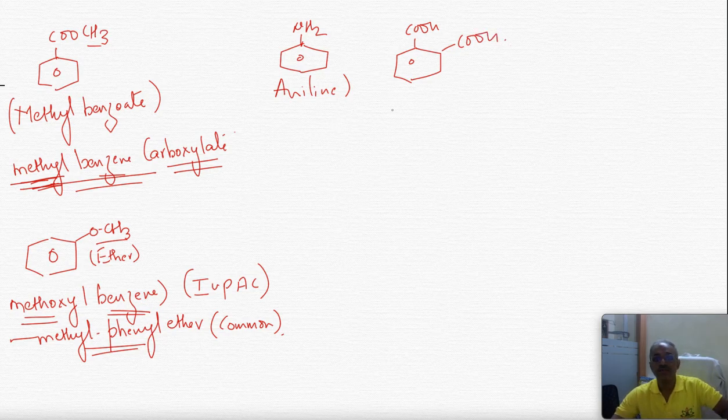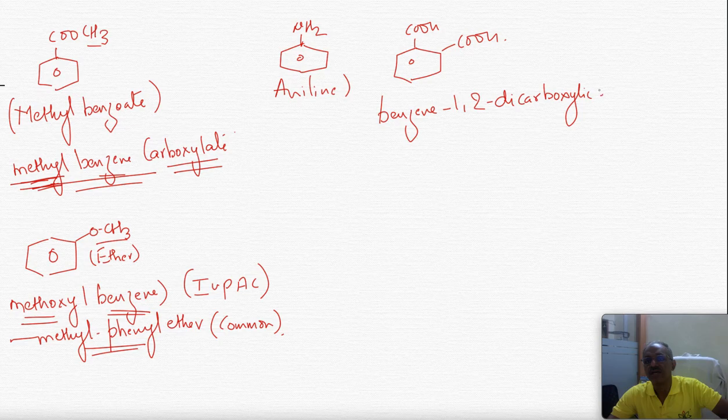I will say benzene 1,2 dicarboxylic acid. Benzene 1,2 dicarboxylic acid. Fine. Now, a few more examples we will try to take.